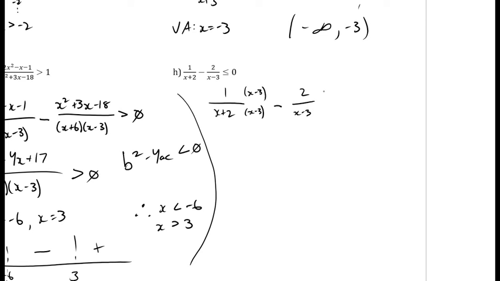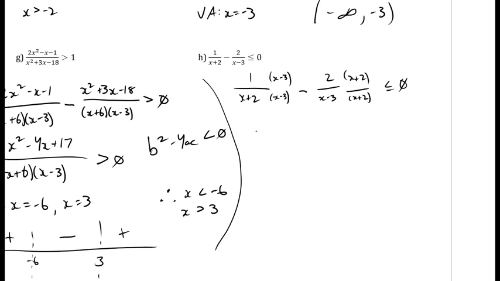I'm going to multiply this one by x plus 2 over x plus 2, less than or equal to 0. So I get x minus 3 minus 2 times x minus 2 is 2x plus 4 over x plus 2, x minus 3, my common denominator.